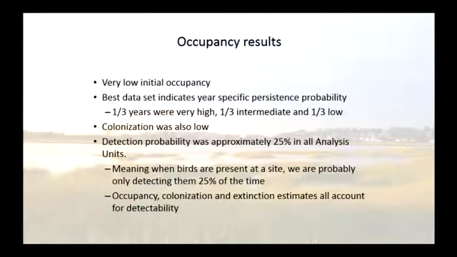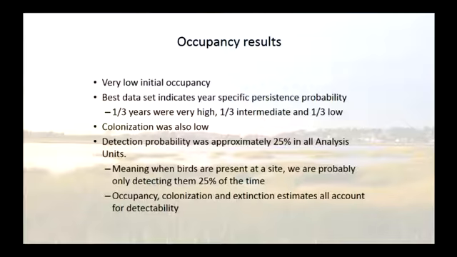So we had some cool results here though that we could work with. One was that the best data set, the South Carolina data set and the Southeast study, showed us that there were year-specific persistence probabilities. So in 1 year out of our 4 years of data, the probability of persistence was something like 99%. So when they went from 1 year to the next, all the sites that were occupied the previous year, almost all of them were occupied the second year.